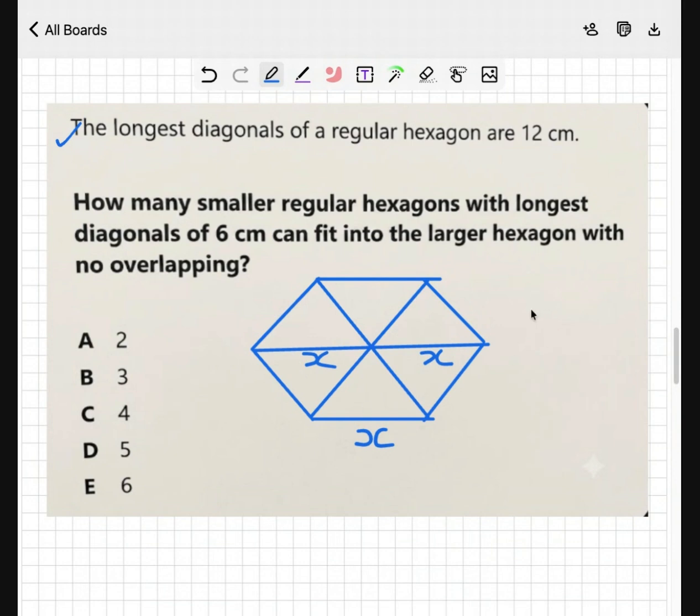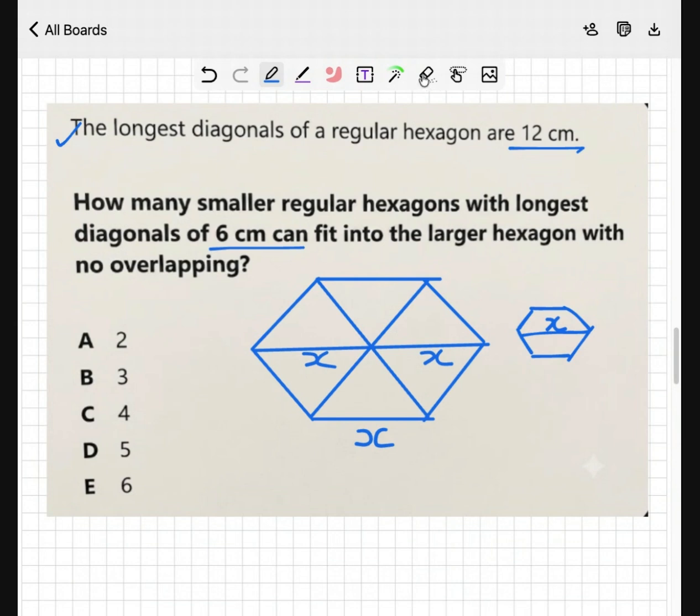And so if I have a smaller hexagon to be fitted inside, whose longest diagonal is half of this, this is 6 centimeter and this is 12 centimeter, so this side is x by 2. How many of such can I fit inside? That is the question.